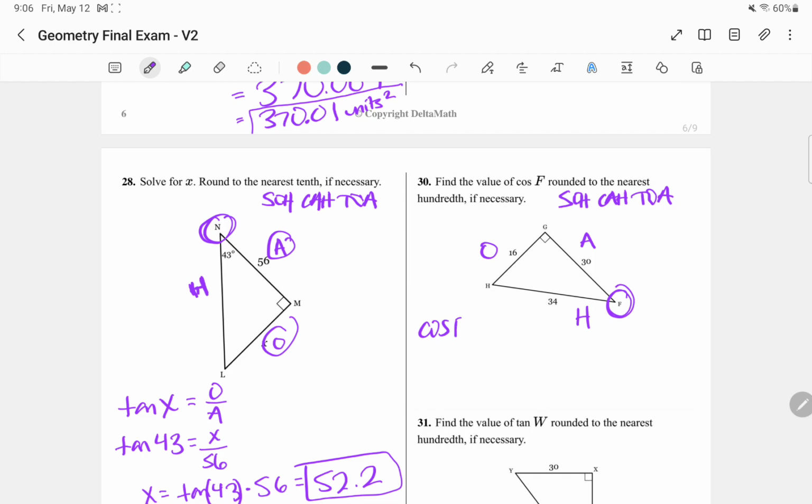Cosine of f is going to be A over H. Remember, we don't know what the angle is, but we can just write it as a ratio, right? Our A is 30. Our H is 34. And it says rounded to the nearest hundredth, so that means it's going to be a decimal. So 30 divided by 34 gives us 0.88.